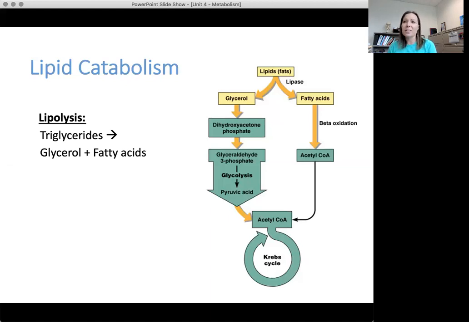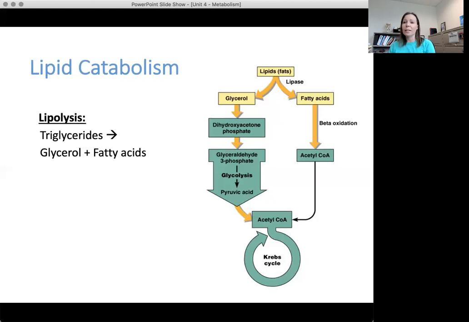Some of that acetoacetic acid is converted into beta hydroxybutyric acid and acetone. And these three acids are written in your study outline. These three substances are known as ketone bodies.